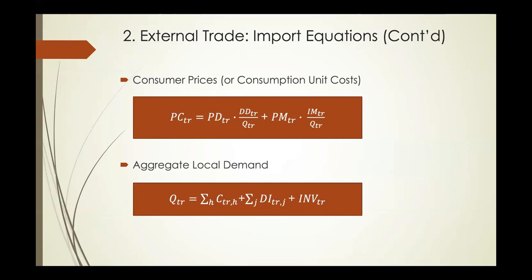Local price PD is weighted by the share of local purchased DD in aggregate demand Q. And the foreign price PM is also weighted by the share of foreign purchased IM in aggregate demand Q. The aggregate demand sums up the demand for household final consumption, the demand for intermediate consumption, and the demand for investment.